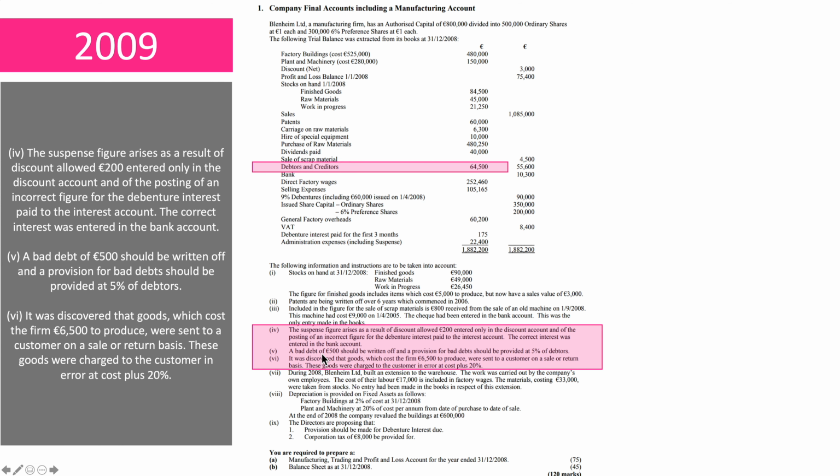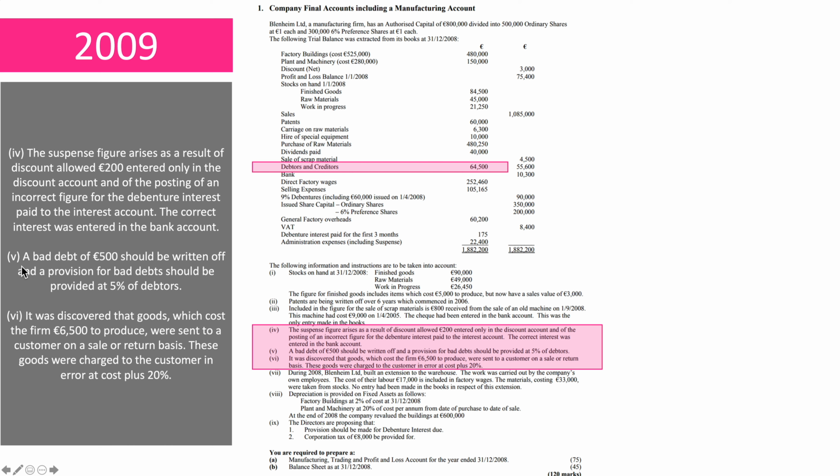Right, 2009. So 3 adjustments here. So we've got the debtors figure here, we've got a suspense, we've got a bad debt, and then we've got the sale or return. So the suspense figure arises as a result of discount allowed €200 entered only in the discount account, and of the posting of an incorrect figure for the debenture interest paid to the interest account. The correct interest was entered in the bank account.